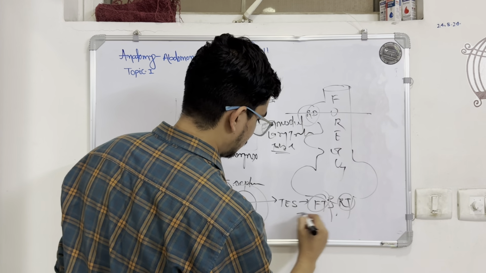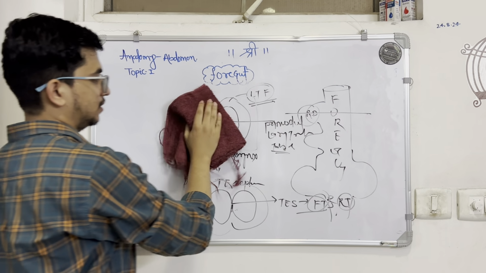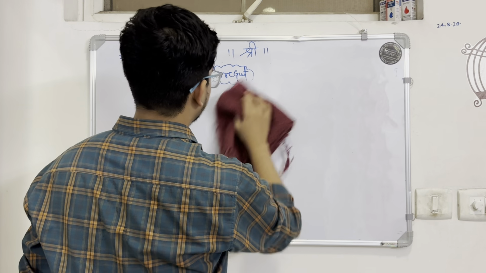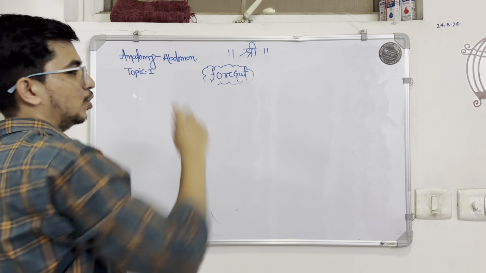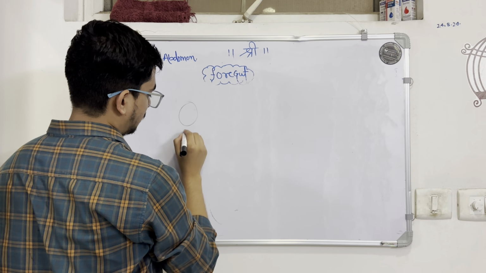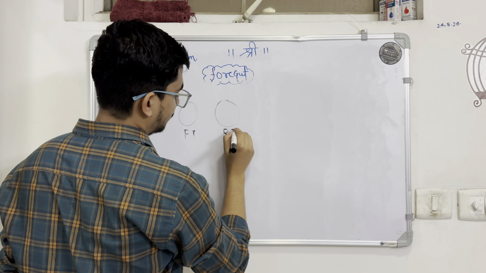Let's continue. Next, there is separation of the food tube and the respiratory tube, or laryngotracheal tube. This is the food tube, this is the respiratory tube.